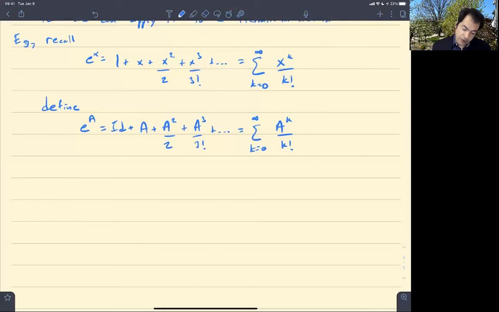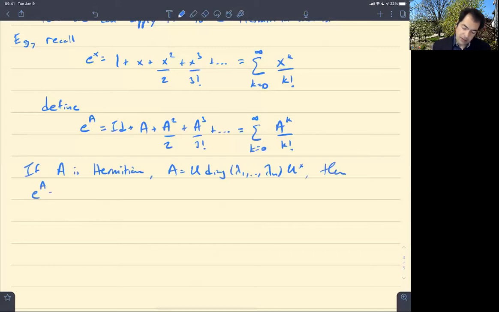But if A is Hermitian, and I have A equal to U times the diagonal matrix lambda 1 through lambda n, times U star, then e to the A, this sum, k goes from 0 to infinity of A to the k over k factorial.